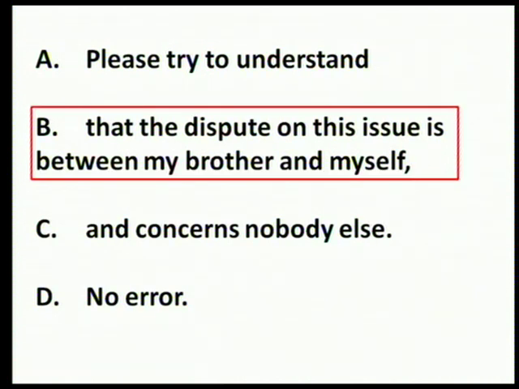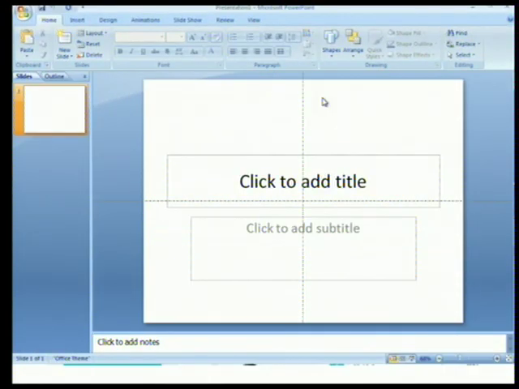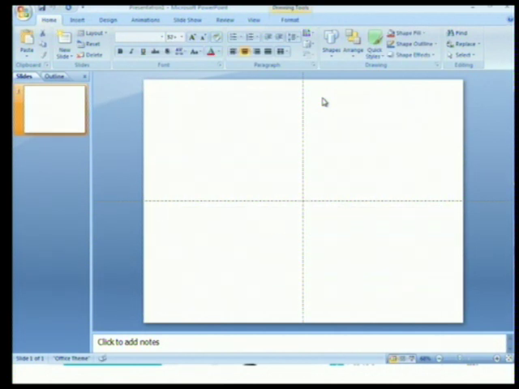All right, now here is where the problem is: the dispute on this issue is between my brother and myself. Now this is how we speak, this is how we write, but please understand grammatically it is incorrect. I'll quickly demonstrate to you what I mean by this.